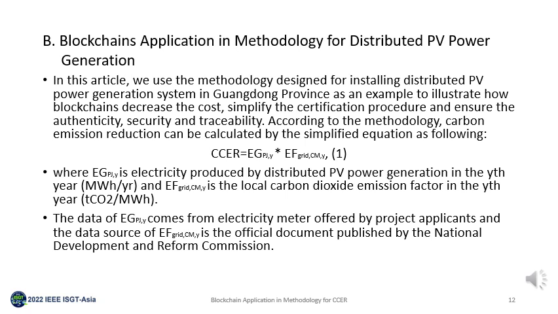The first independent variable is electricity produced by distributed PV power generation in the Y year, and the other one is the local carbon dioxide emission factor in the Y year. The data comes from electricity meter offered by project applicants, and an official document published by the National Development and Reform Commission respectively.